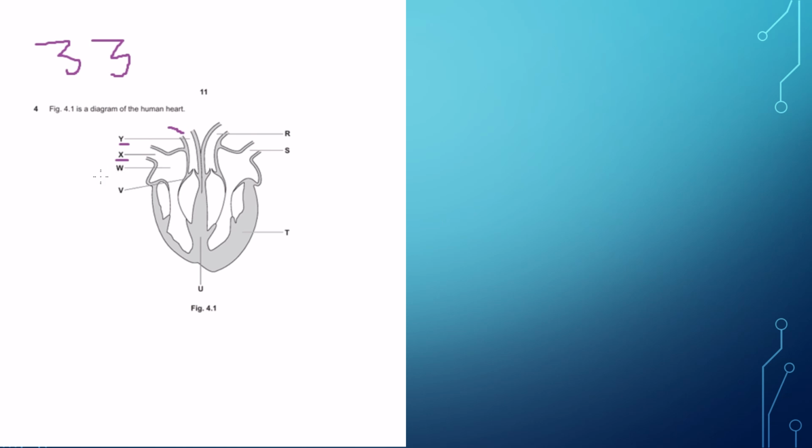Up here, we have our right atrium, and then we go down here. We have the valves, and then here we go down until our right ventricle. Here we have our septum separating. Here we have the wall of the left ventricle.